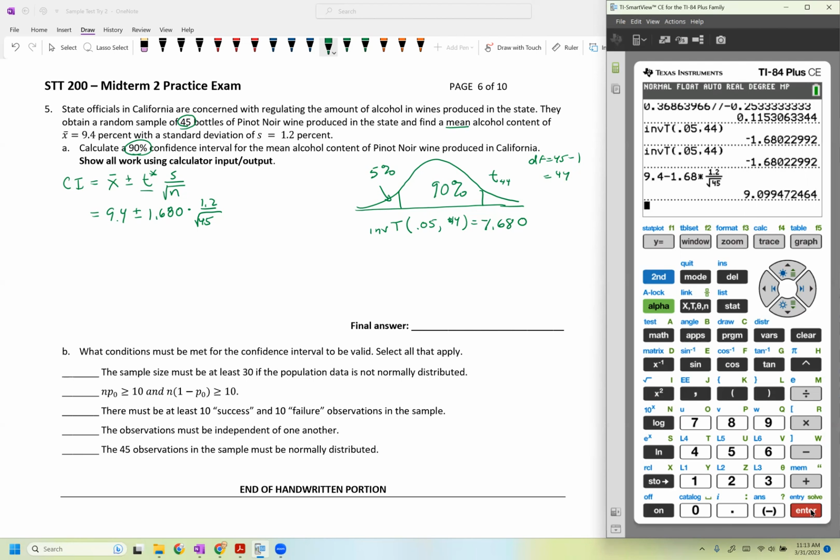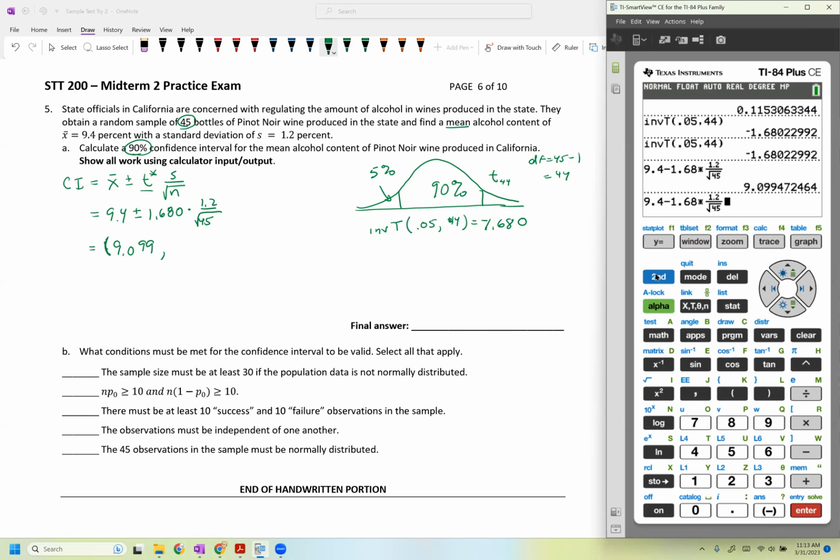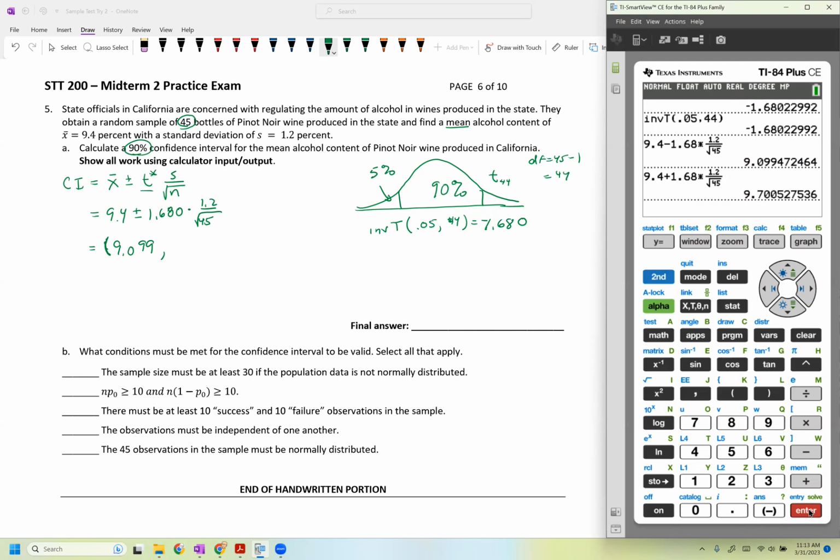So our lower bound is 9.099, and our upper bound, let's go up twice, hit enter, let's go second left, takes us to the far extreme, change that to a plus sign, and we get 9.701.